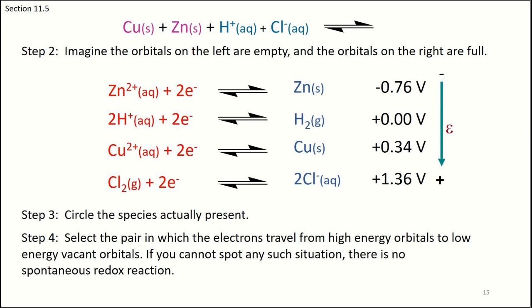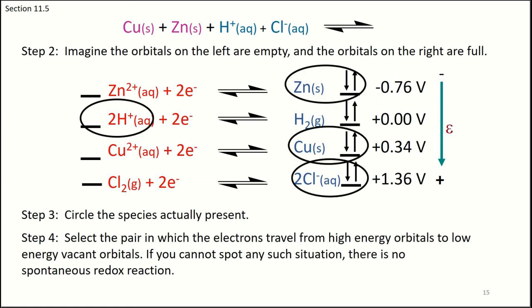Now that I've written them in this order, I can imagine the empty orbitals to the left of the arrow and the filled orbitals to the right of the arrow. Now I can circle the species that are actually present. We have copper solid, zinc solid, aqueous hydrogen ion, and aqueous chloride ion. So here are the 4 species that we have present in this reaction. Now we want to identify any spontaneous movement of electrons from higher energy orbitals to lower energy empty orbitals.